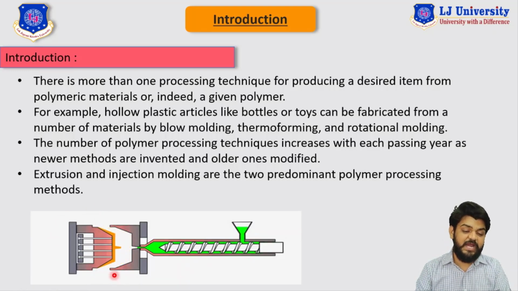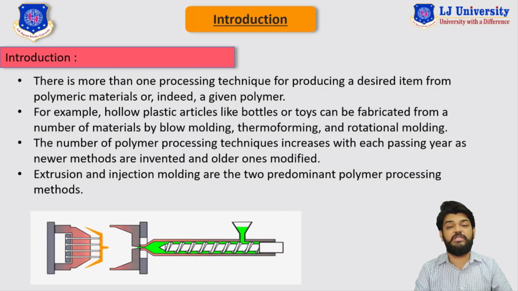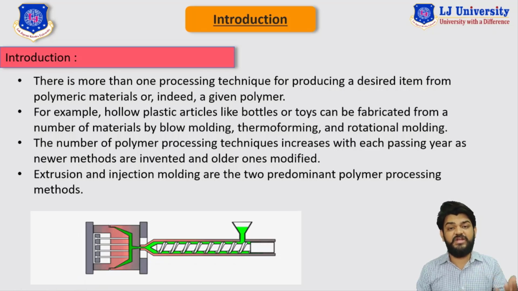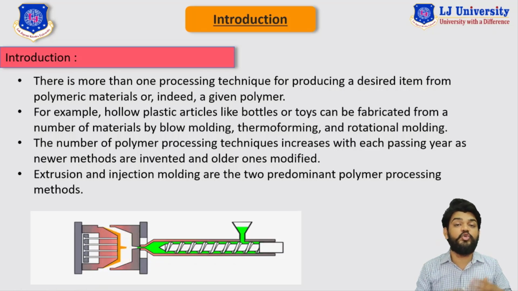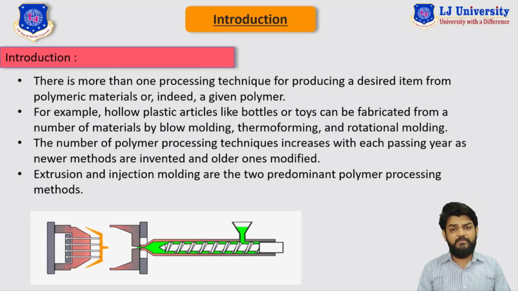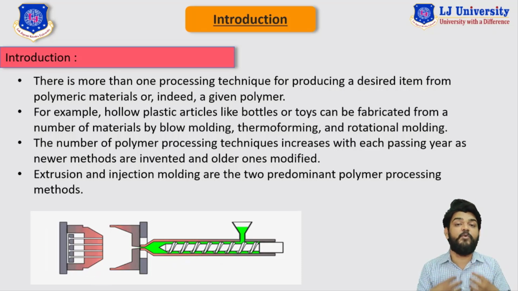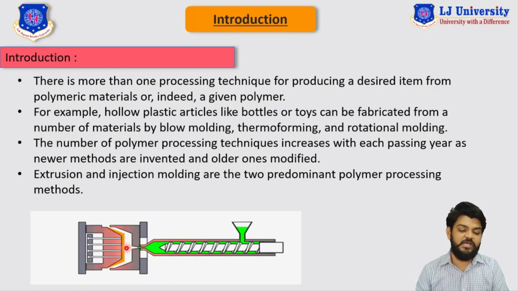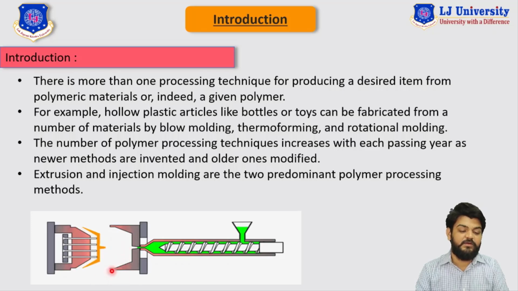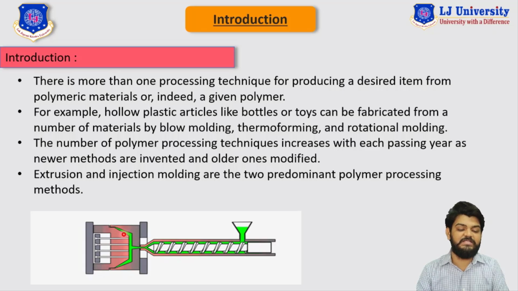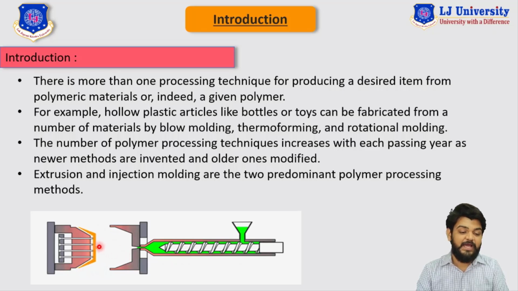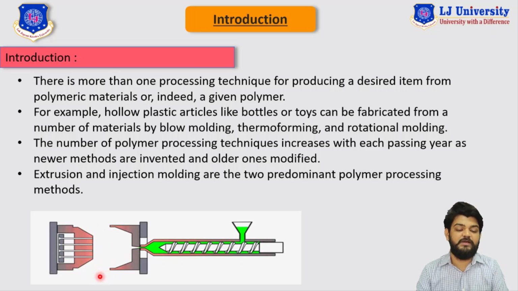Here you can see that I have represented one animation for the conversion of raw polymer into useful polymer. So what I am doing is compressing, or you can say molding, our polymer, right? You can see here this yellow section. Let me just wait here. You can see that the yellow section is our raw polymer, right? We are injecting our raw polymer and compressing, or molding, it, and now you can see that this polymer is being formed, right?